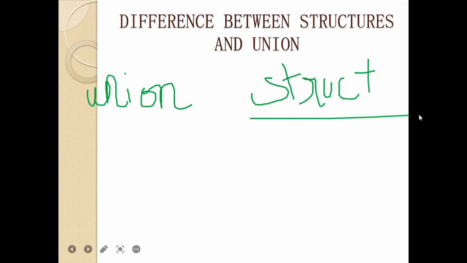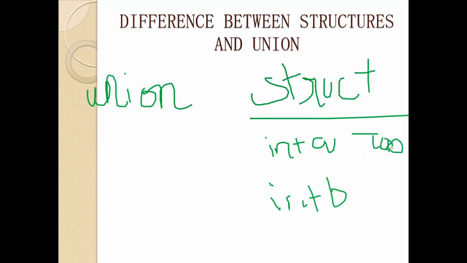The other difference is the implementation of structure in C, which occurs internally, because it contains separate memory locations allotted to every member. Meaning under structure, if we are declaring integer A and integer B, then integer A might have memory location 100 and integer B might have memory location 200.